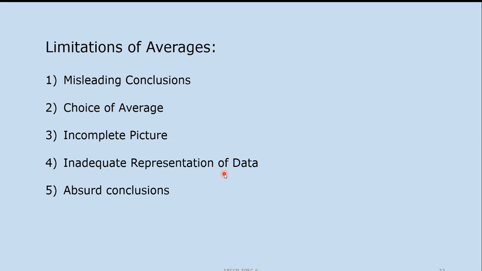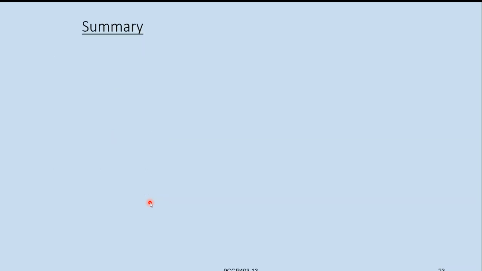Absurd means meaningless, useless conclusions. We can conclude basing on the calculation of the averages, but that is not meaningful. The conclusion which we are arriving may not be meaningful to us, may not be useful to us. So the averages give absurd conclusions.